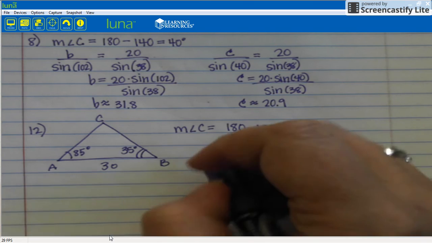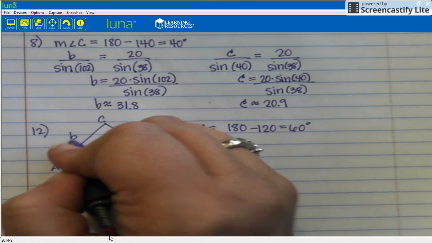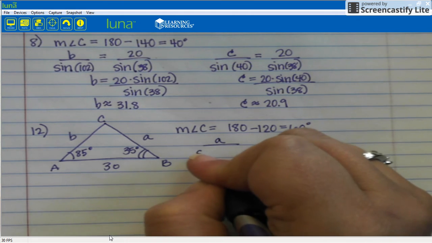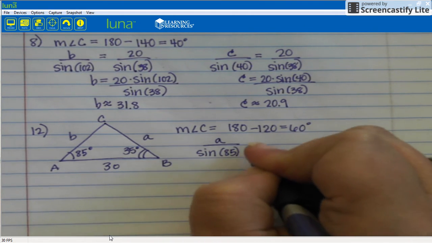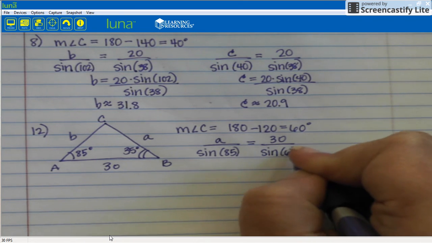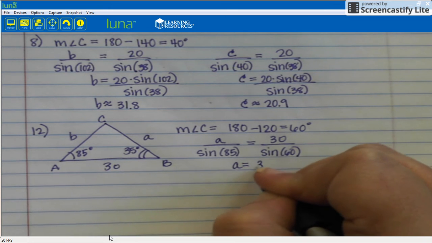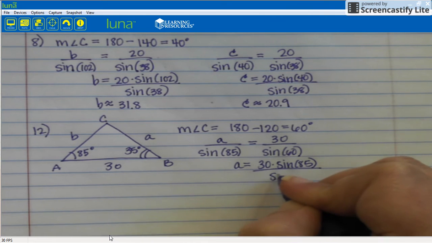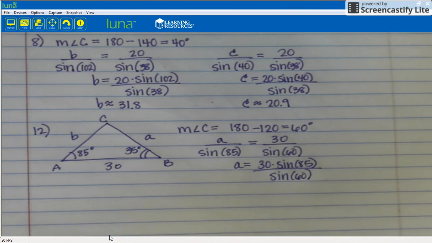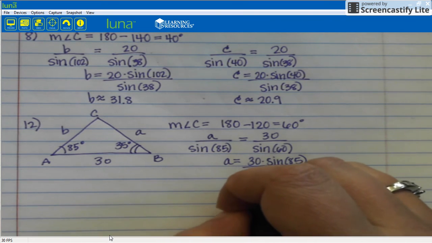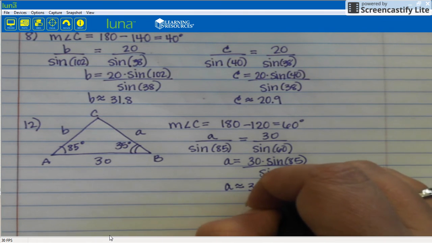And then to solve for little a and little b, I have a over the sine of 85 is equal to 30 over the sine of 60. So a equals 30 times the sine of 85 divided by the sine of 60. And this gives you a is approximately equal to 34.5.